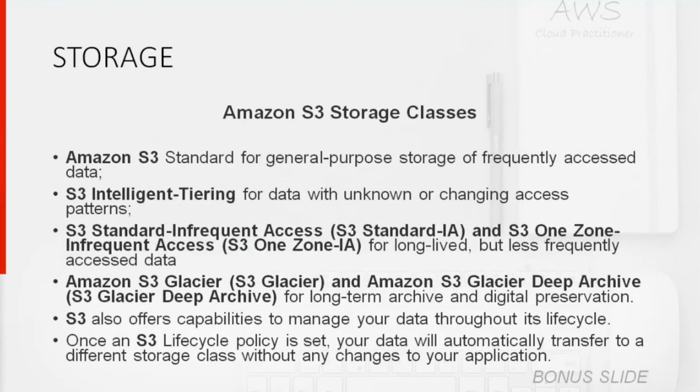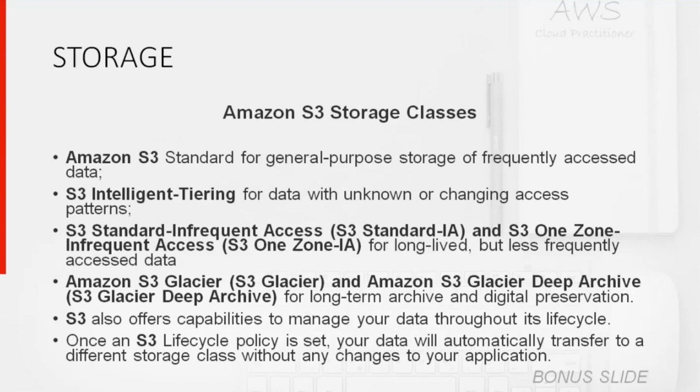Storage. Amazon S3 storage classes. Amazon S3 Standard for general purpose storage of frequently accessed data. S3 Intelligent-Tiering for data with unknown or changing access patterns. S3 Standard Infrequent Access and S3 One Zone IA for long-lived but less frequently accessed data.